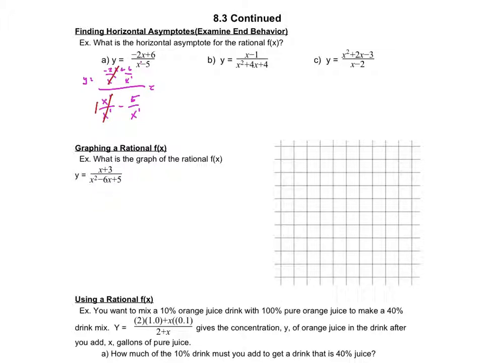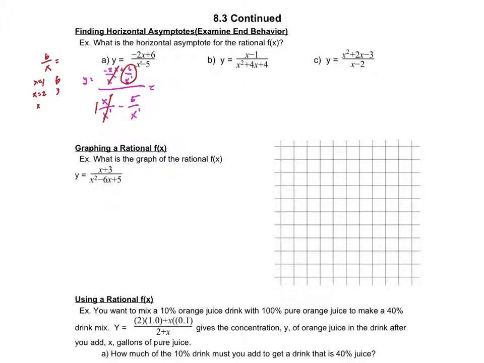Now think about it. Now we're looking at these two other expressions, 6 over x. If x is equal to 1, then I have 6. If x is equal to 2, then I have 3.